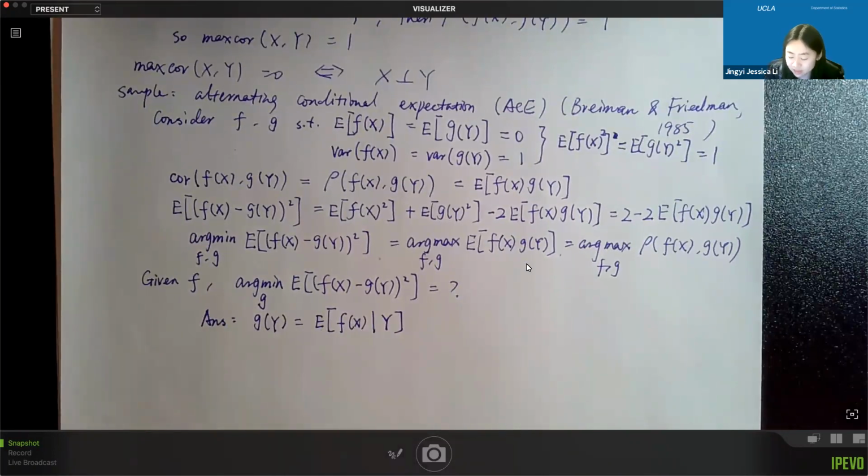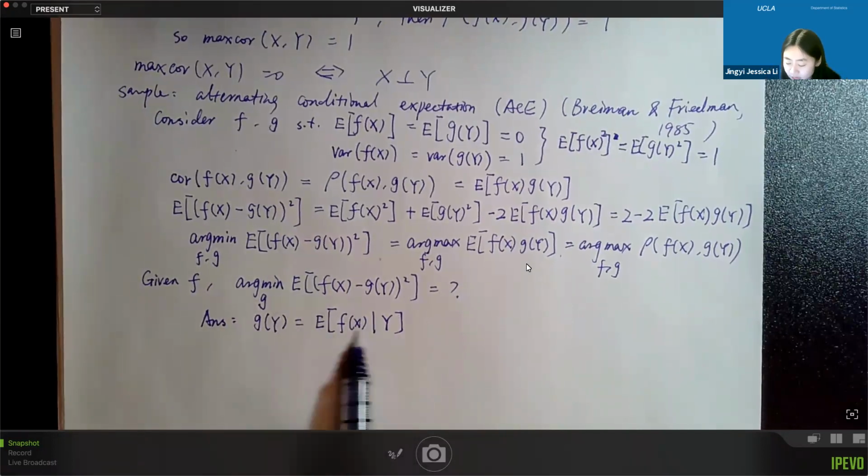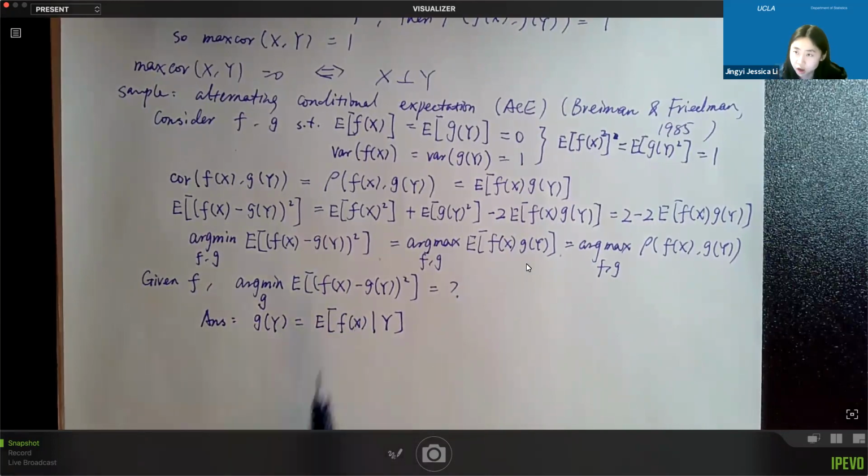But intuitively, you can see this definition of g(y) is going to make g(y) very close to f(x), since our target is f(x). It's just that we're taking the expectation over all possible values of x. Okay, that's the answer.